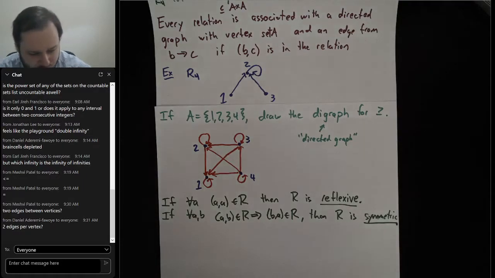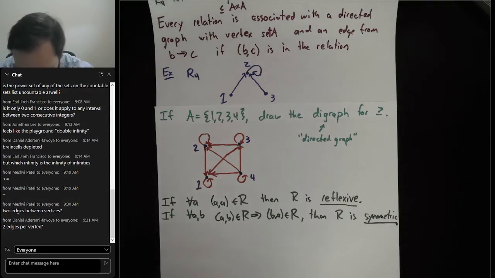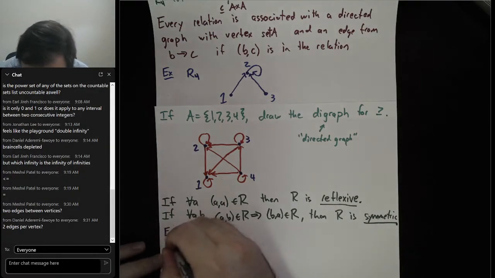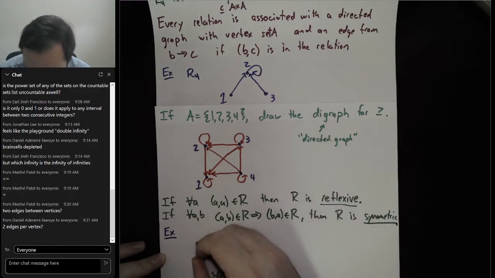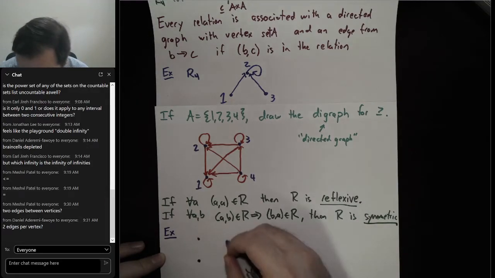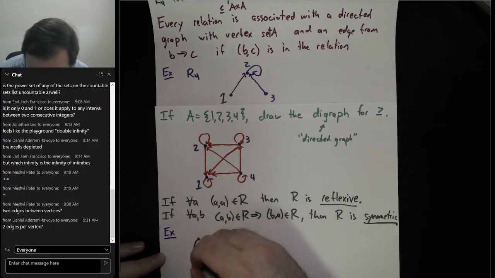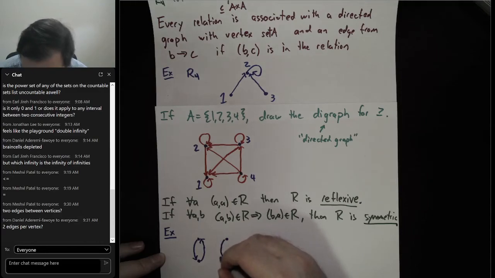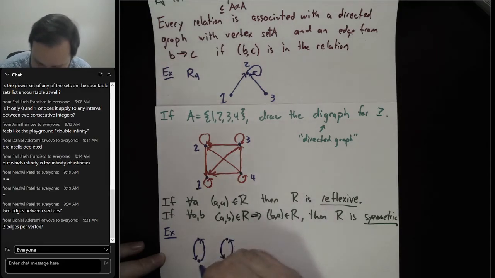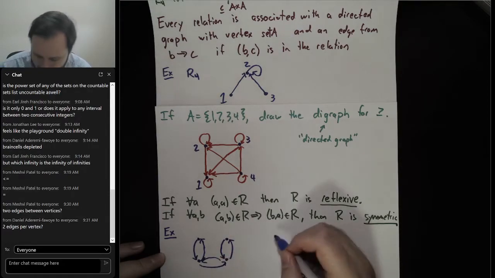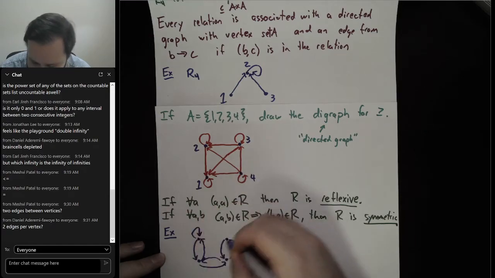That's also possible. So here's an example of a relation on 4 elements. And maybe I'll add in a couple loops.